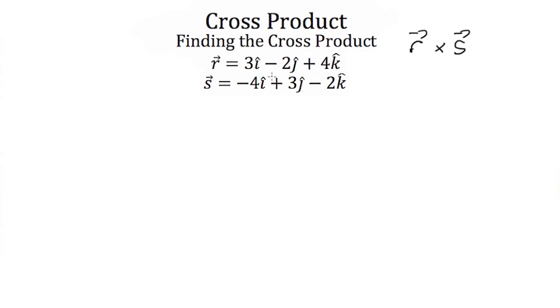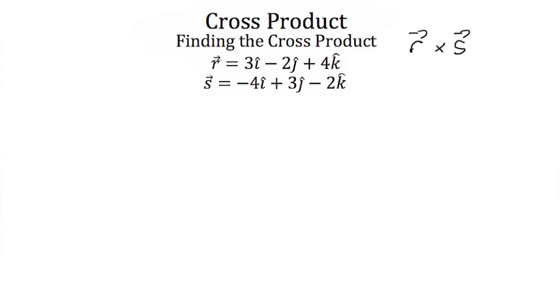Now when you're crossing two vectors, you should always get a vector as an answer. Remember, when you find the dot product of two vectors, your answer is always a scalar. But when you find the cross product of two vectors, your answer is always a vector.